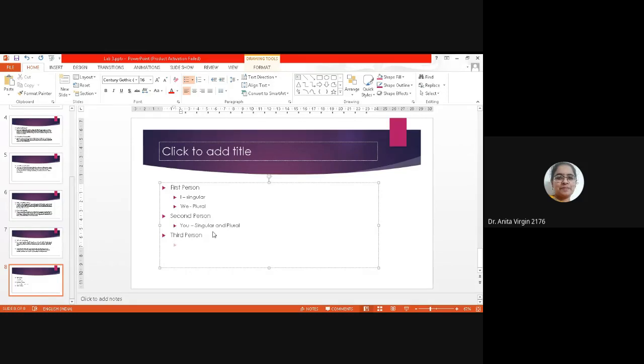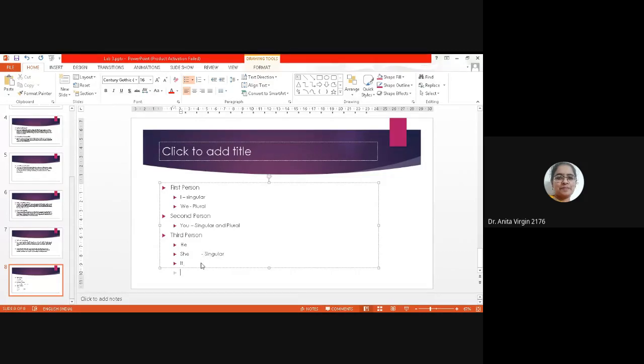So that is how you'll be using it. So he, she, it, all these three are singular.